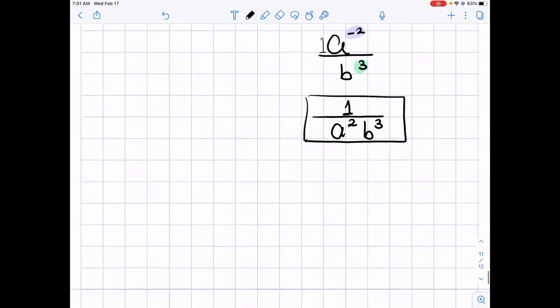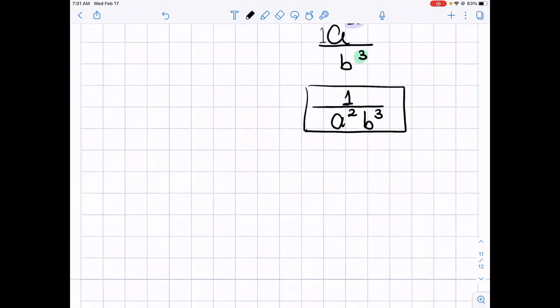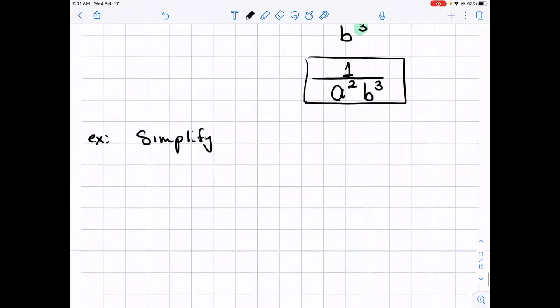So the last example I want to look at, simplify. How about if we have x to the negative third, y to the 1/2, all of this raised to the 4th power, divided by x to the 10th, y to the 3/2.